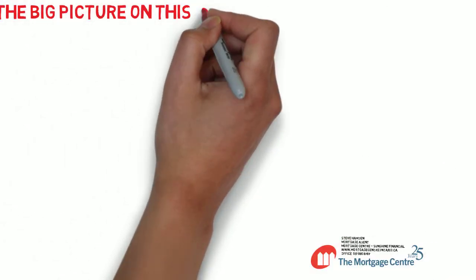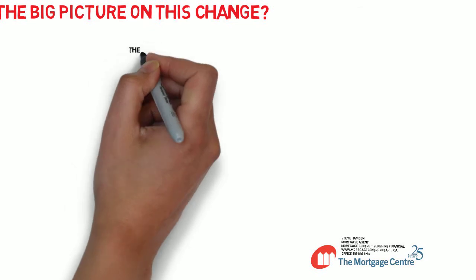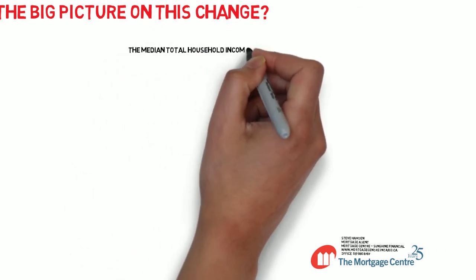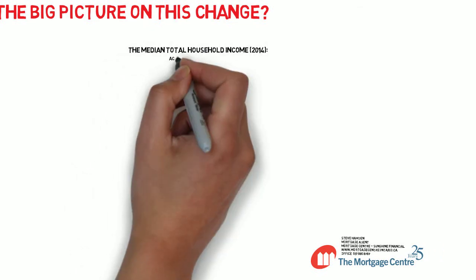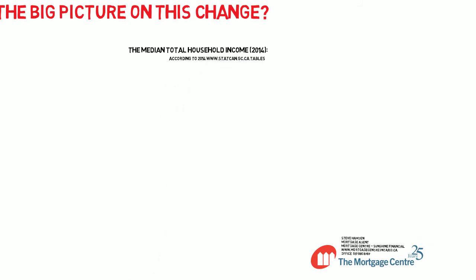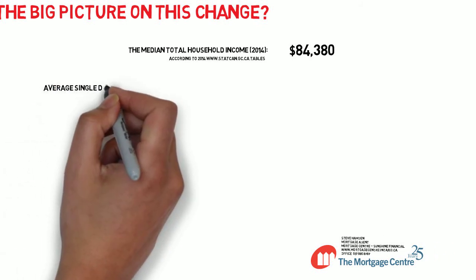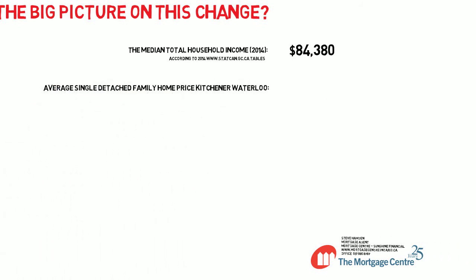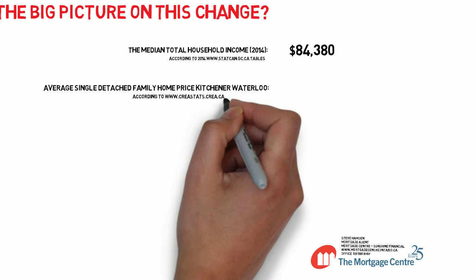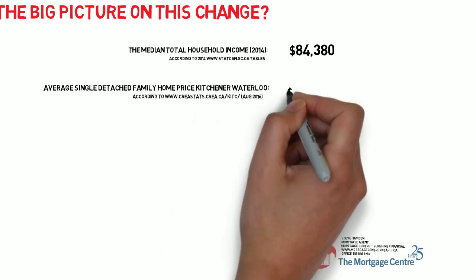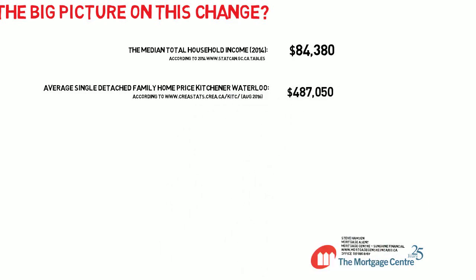So what we look at is the big picture on this. If we look at the median household income based on 2004 StatsCan numbers, it's $84,380. The average single detached family home in Kitchener is $487,050.